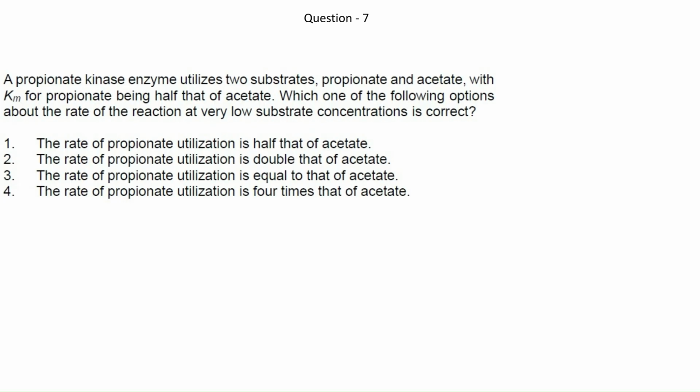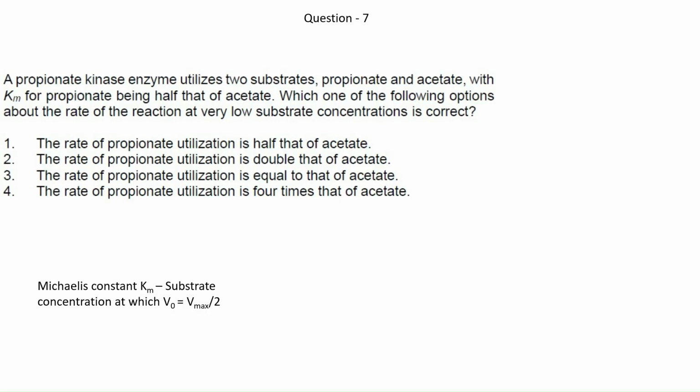Option 2 is the rate of propionate utilization is double that of acetate. Option 3 is the rate of propionate utilization is equal to that of acetate. And option 4 is the rate of propionate utilization is 4 times that of acetate.